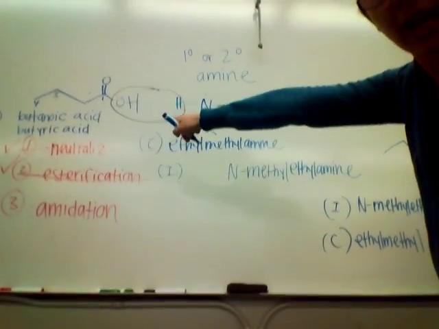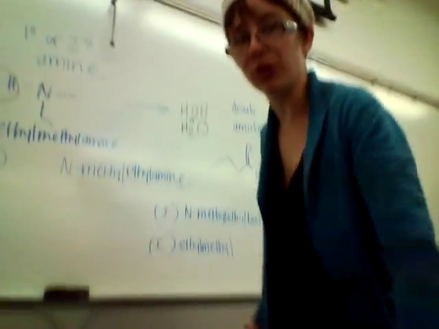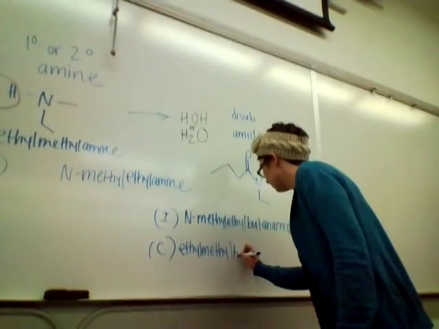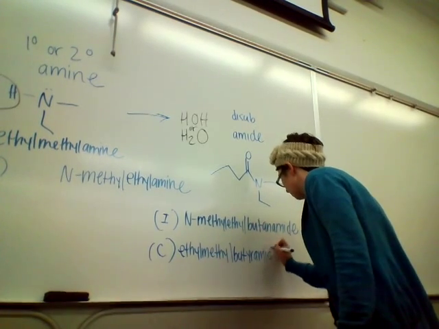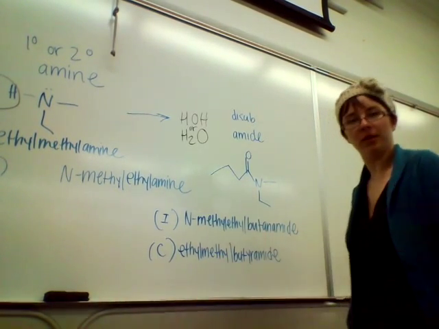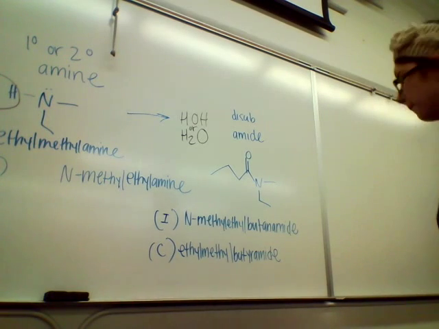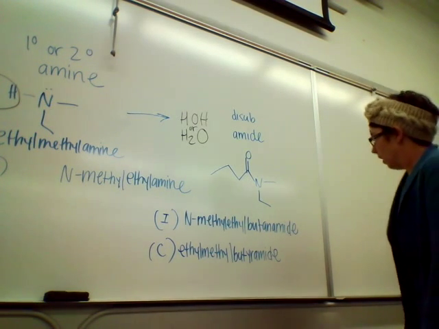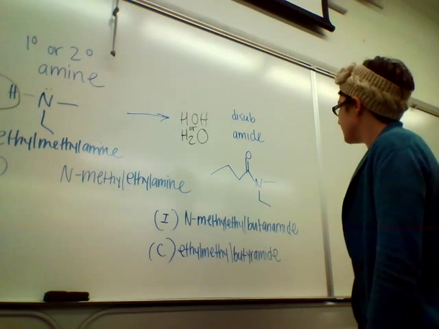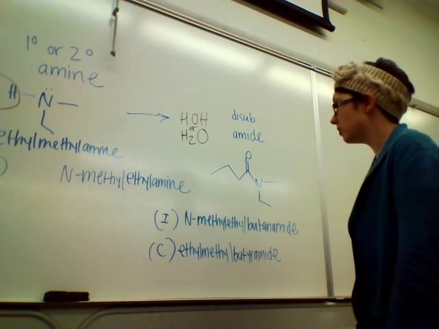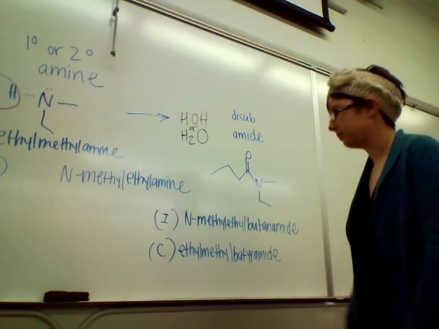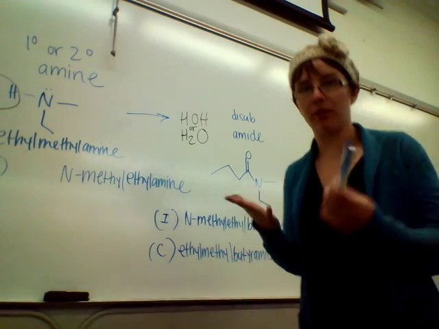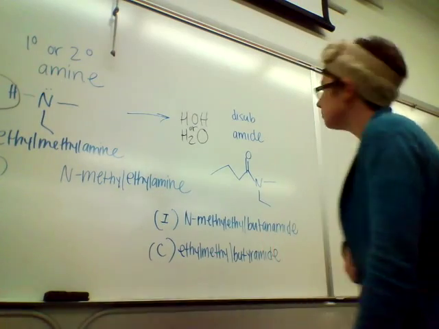So instead of butyric acid, we're going to put butyramide. Hope you can see that okay. So that's how you name amides. Yeah, not too crazy. So again, this is with a secondary amine. I apologize again for misspeaking earlier.